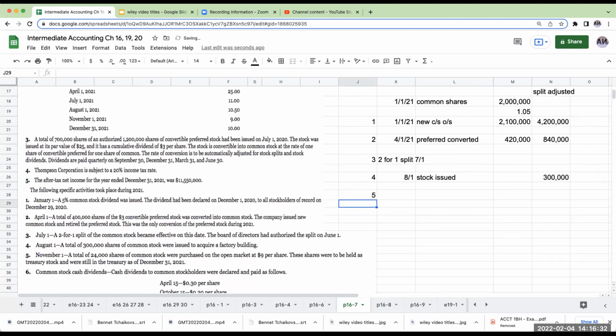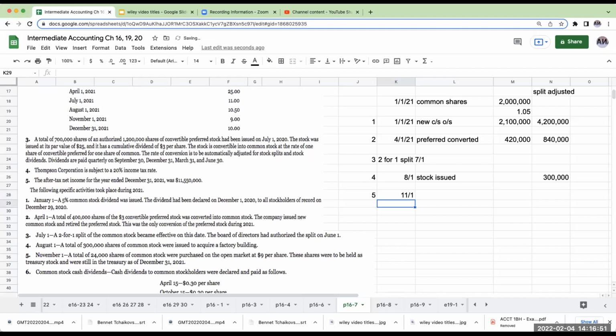Let's take a look at the 5th one. I repurchased 24,000 shares of common stock that were purchased on the open market at $9 per share. They were held as Treasury stock, and we're still in the Treasury as of December 31st.